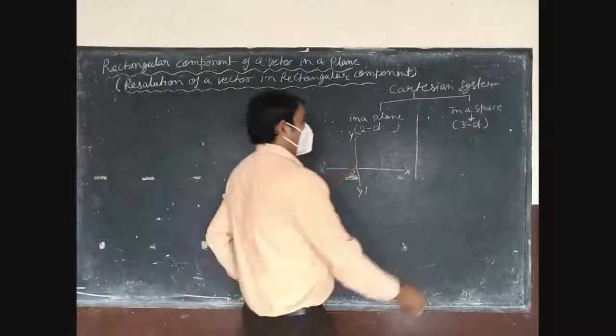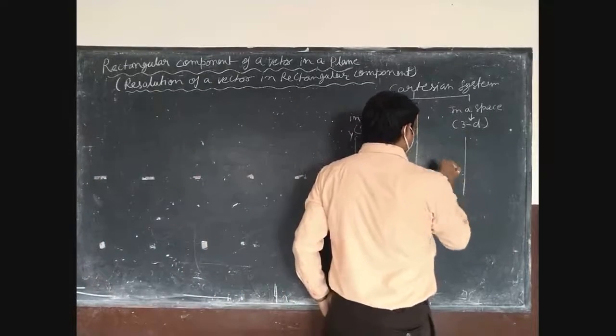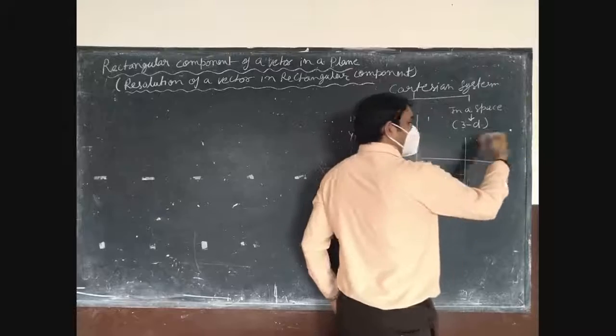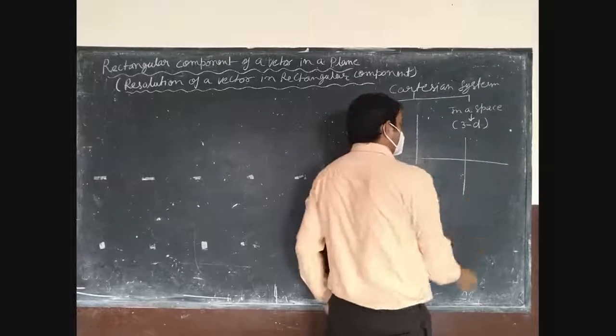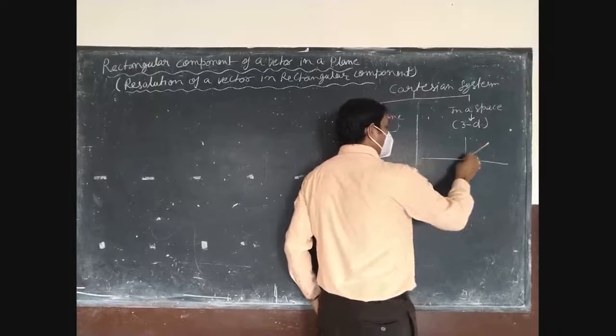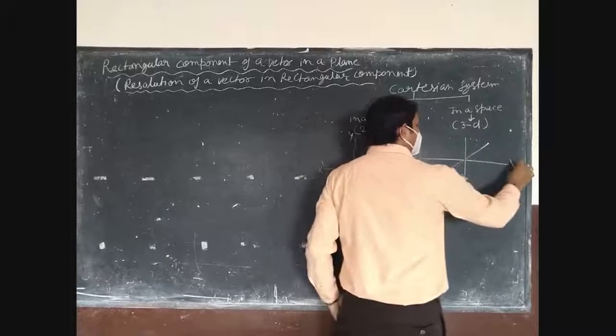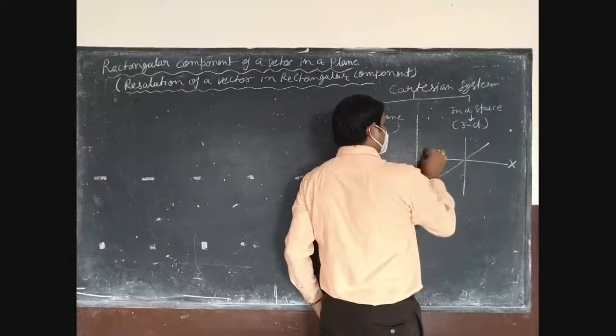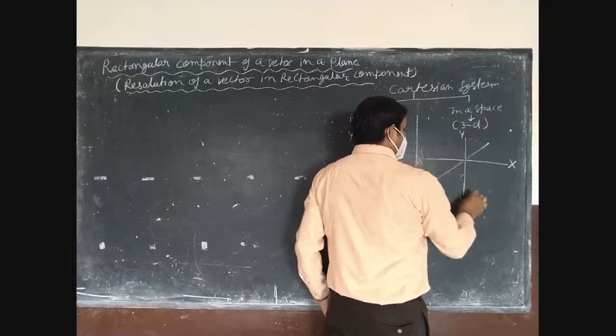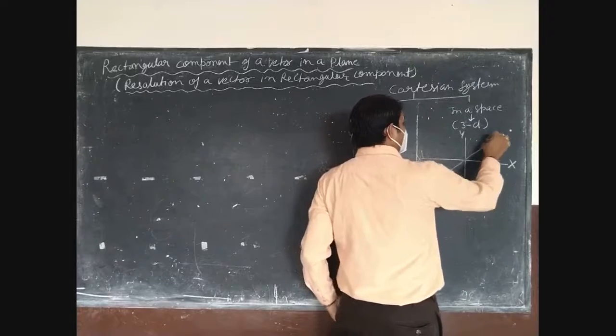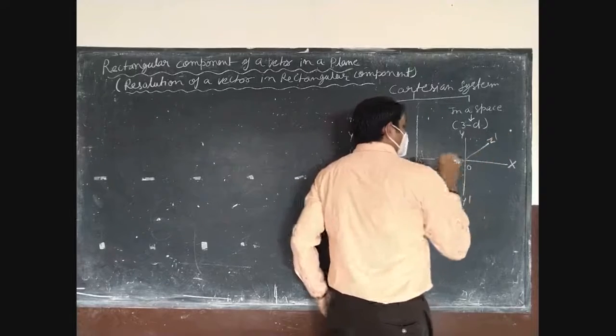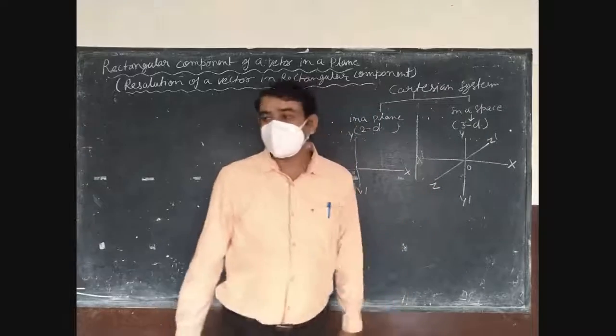And when we discuss a particle in space, then we have a three-axis system: X, X dash, Y, Y dash, Z, Z dash, inclined on each other at 90 degrees.